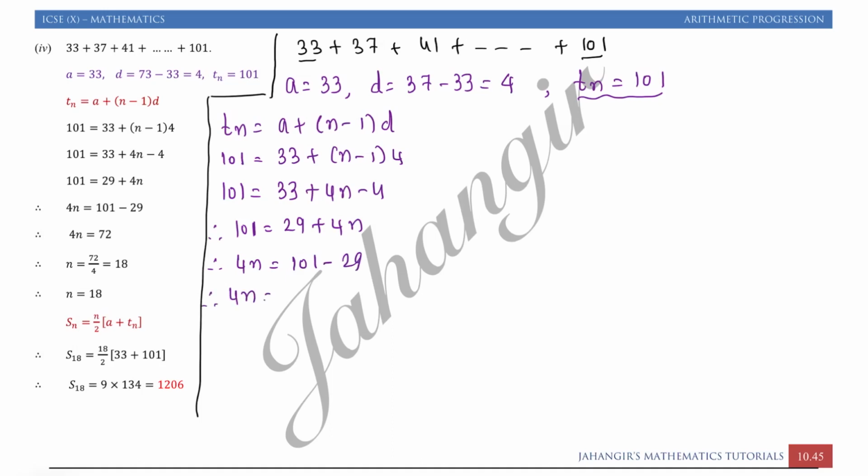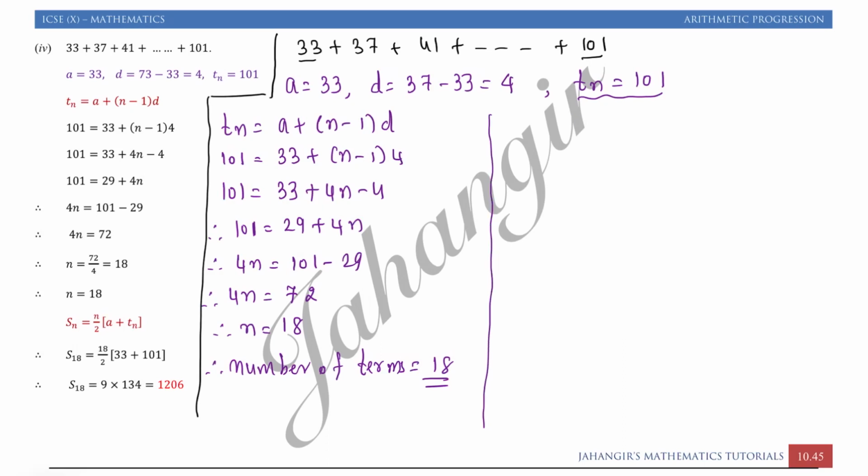Therefore 4n is equal to 72. So therefore n is equal to 18. So therefore the number of terms is equal to 18. We have 18 terms in the sequence.